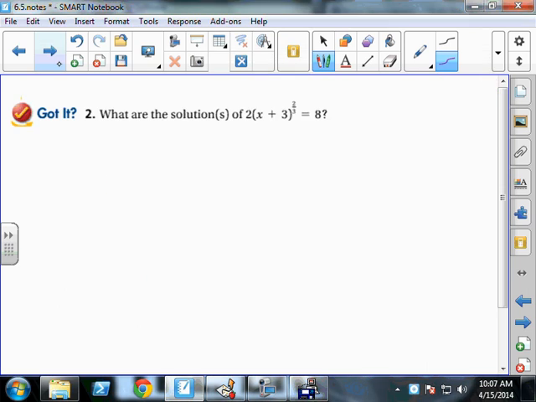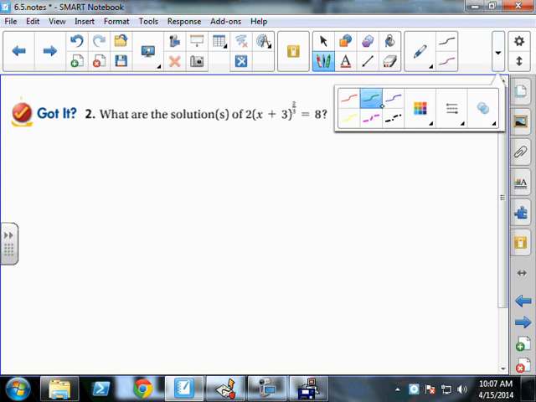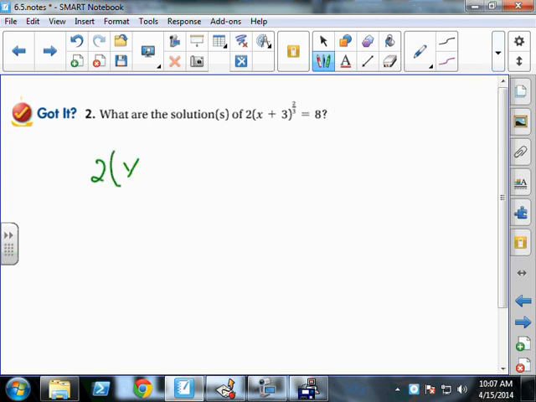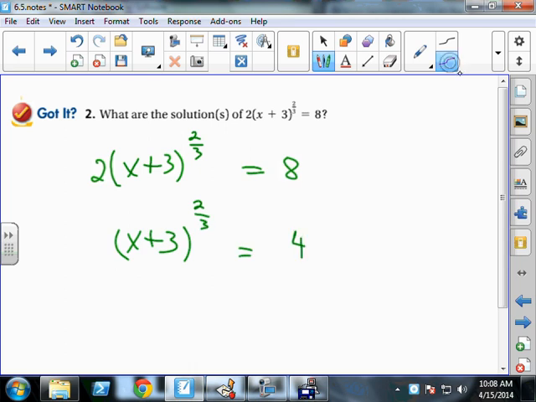Okay. So this one says, what are the solutions to this? Well, let's see what happens. We've got 2 times x plus 3, quantity to the 2/3 is 8. Some housekeeping says x plus 3, the quantity to the 2/3 is 4. I'm going to exponentiate both sides to the 3/2 power.